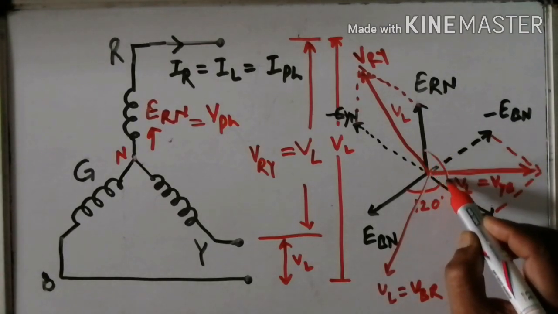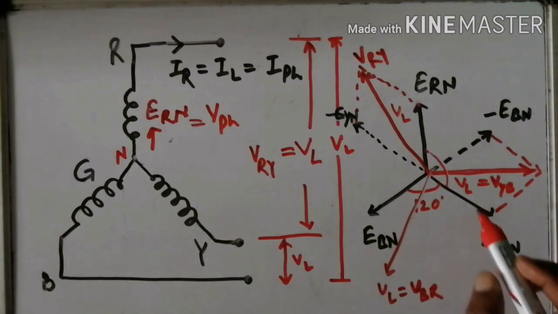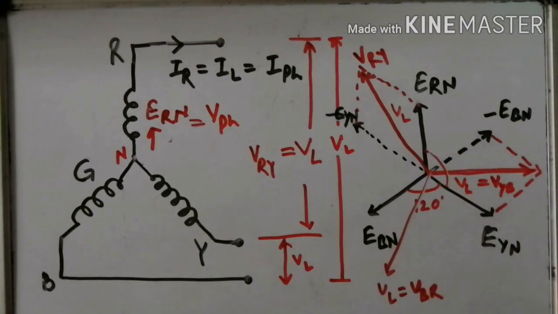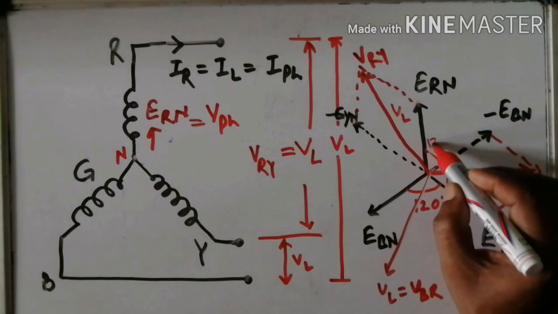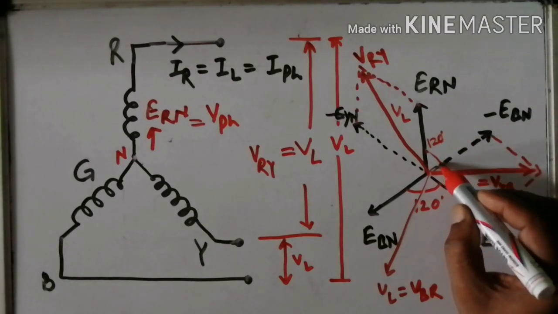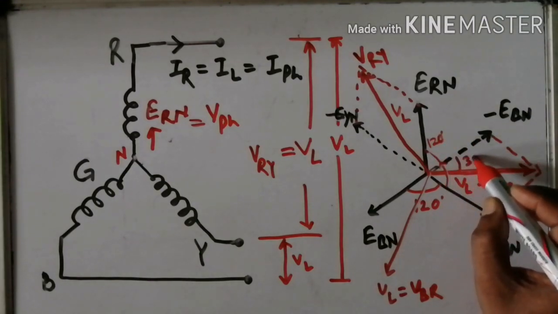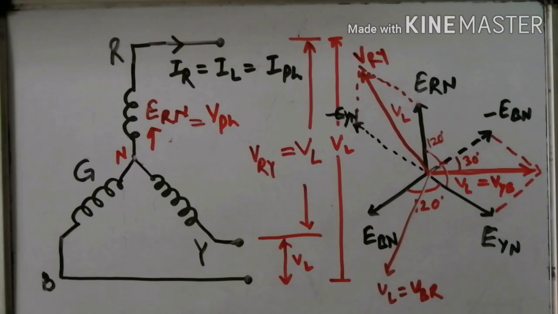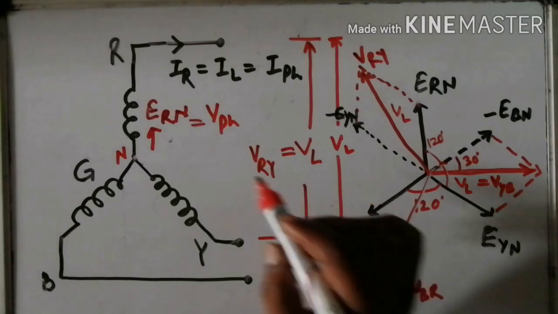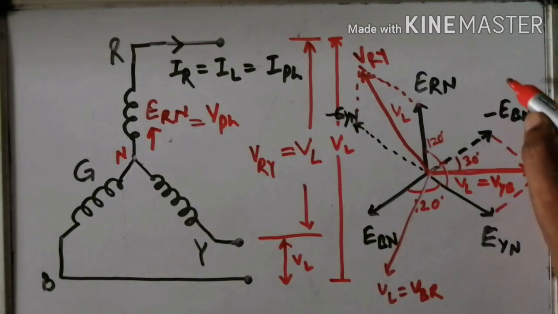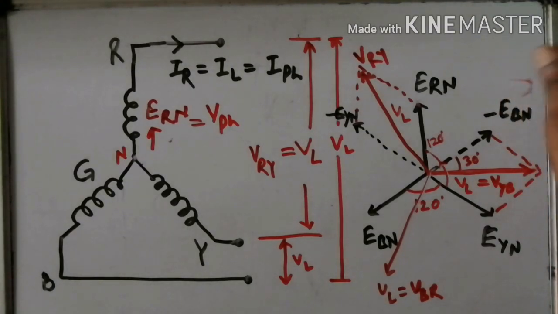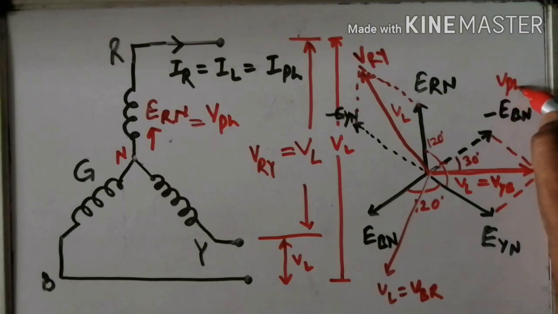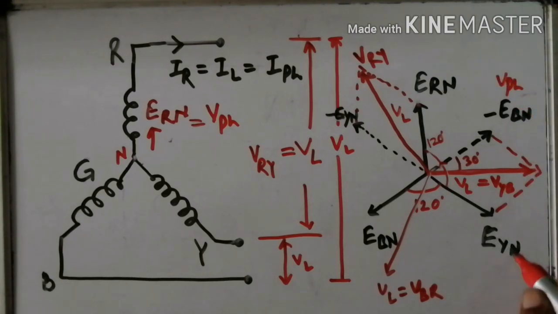This angle is 120. This one is 60 and this one is 30 only, right? That's why this one is the EPH phase angle. This one is EPH, that is the phase voltage. This one is also EPH.